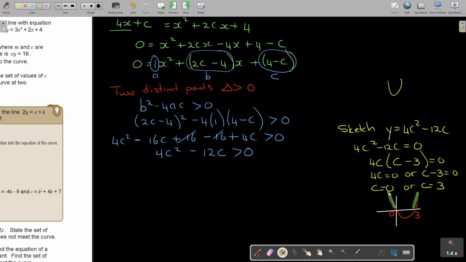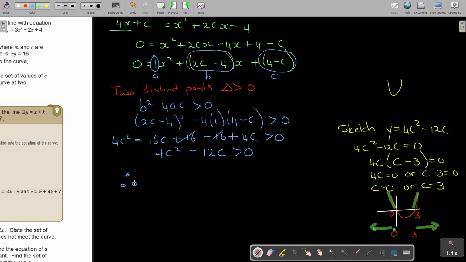Okay. So can you see this? So this is, and this, and it's there, and it's there. And the values are going to be 0 and 3. Okay, so I'm just going to go directly there.